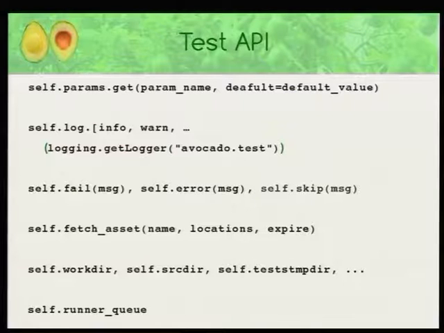But if you are using the test API, what do you get from it? If you are using the Avocado Python API to write your tests, what are the advantages? Here are some examples of features from the test API. Apart from the params that are accessible from the test, you also have some logging capabilities to log your test as it's moving on.